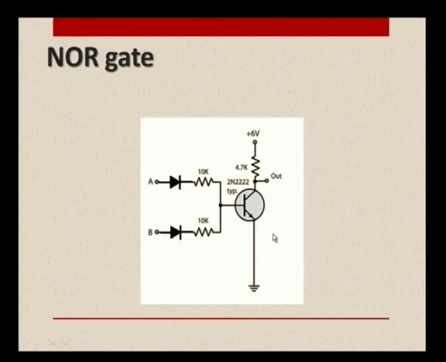So, I call these logic circuit designs DTL logics, and the diodes could also be replaced by transistors. In that case, these circuits would come under the category called TTL, transistor logic.